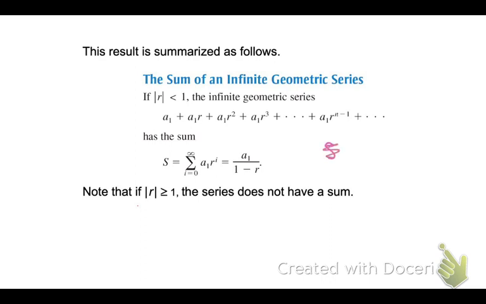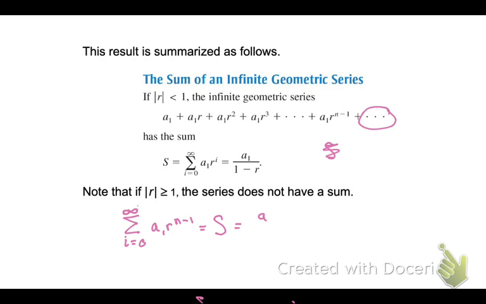The sum from i equals, and they have 0, but it doesn't matter, to infinity. That would make it infinite, right? Of a sub 1 r to the n minus 1 equals S. There's no sub n because it's infinite.